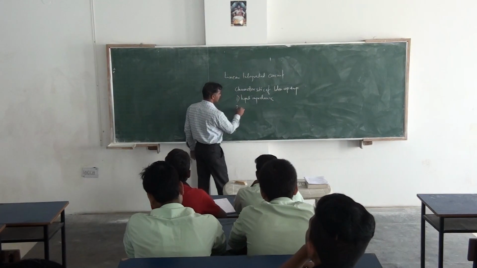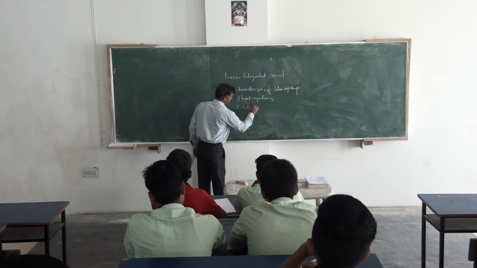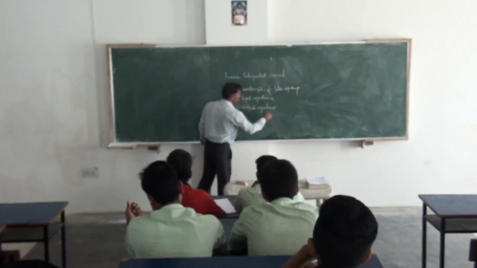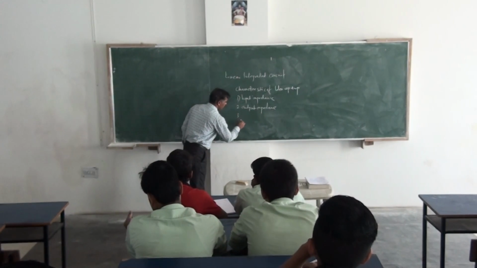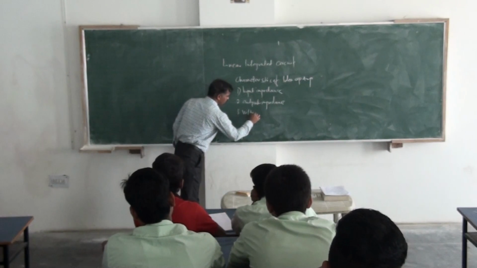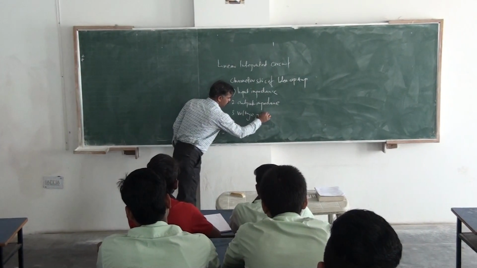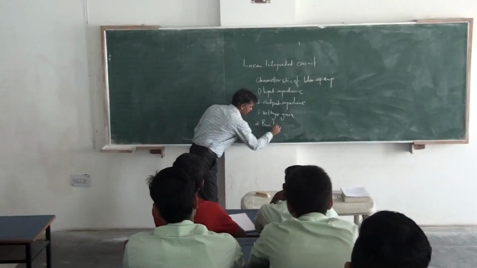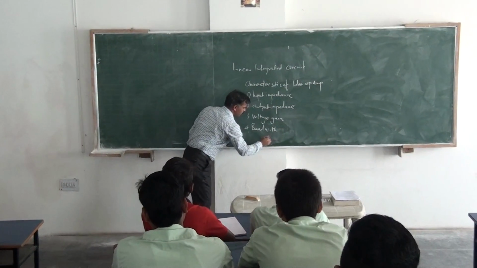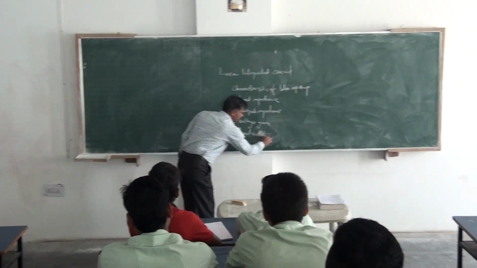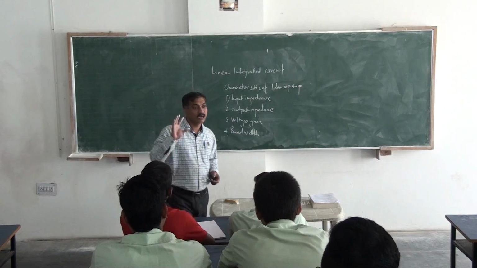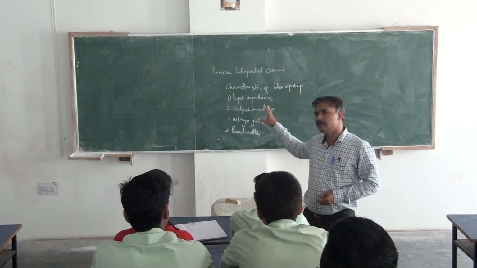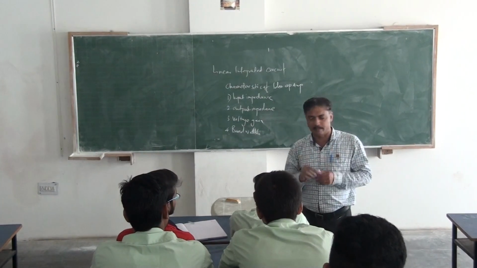Second one, output impedance. Third one, you have voltage gain, and fourth one, you have bandwidth. These are the four characteristics over which we can understand the basic characteristics of op-amp. And this we consider for ideal op-amp, later on we will see for practical op-amp.